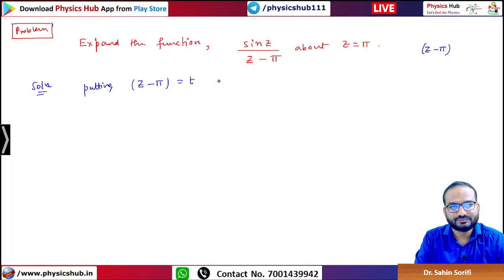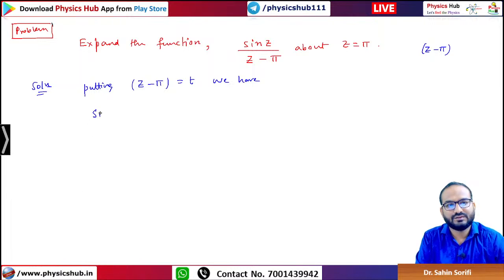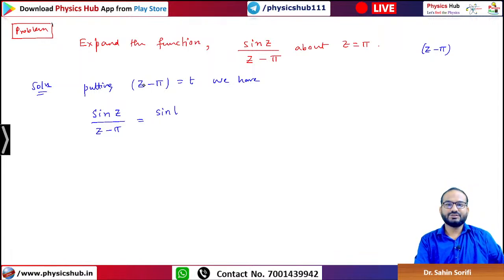Okay, so what you get, because we have sin z, we can write it as sin t, z equals to pi plus t. So sin of pi plus t divided by t.